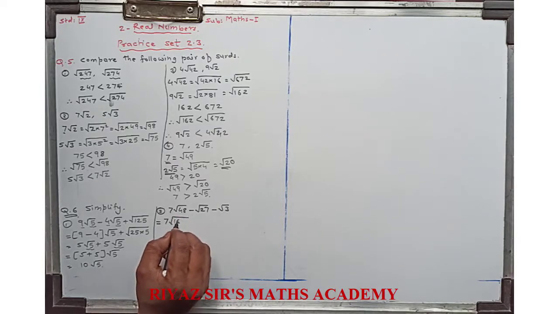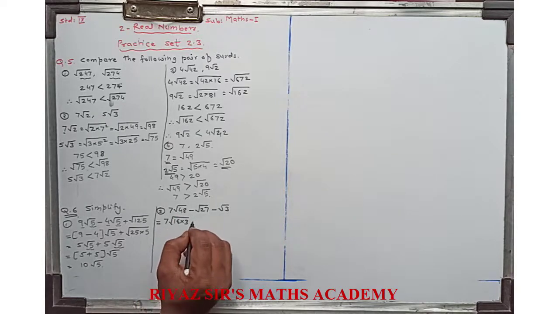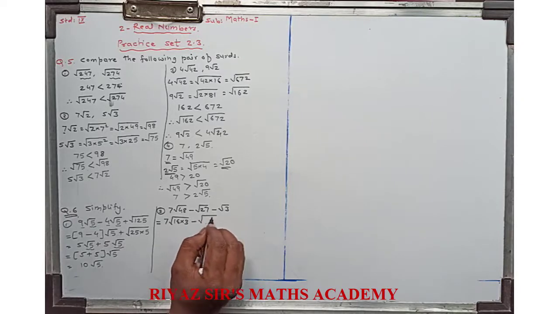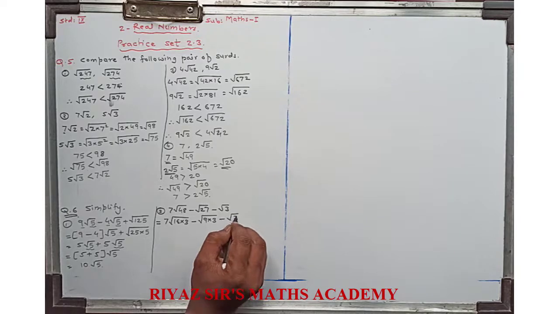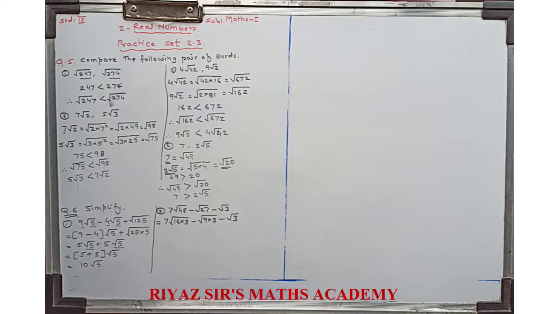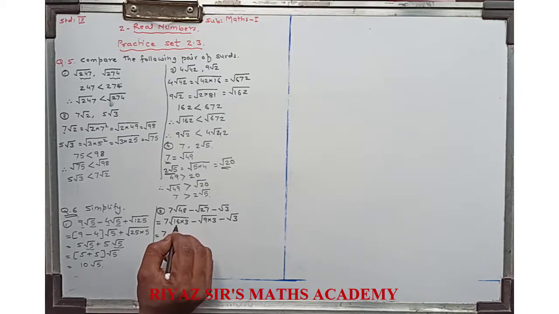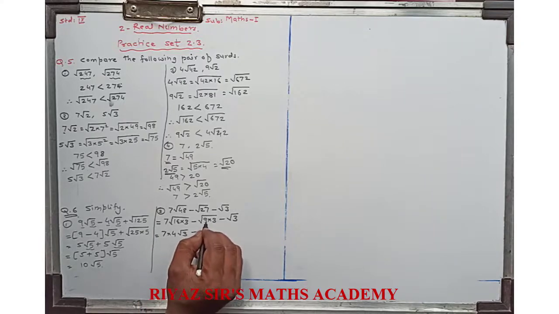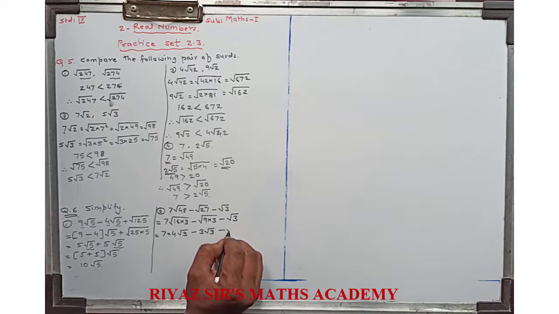So 16 3s are 48, minus square root of 27, factors for 27, 9 3s are 27, minus root 3 as it is. Okay, that is equal to this 7 as it is. Now square root of 16 is 4, that comes outside, into root 3. Okay, minus square root of 9 is 3 into root 3 minus root 3.